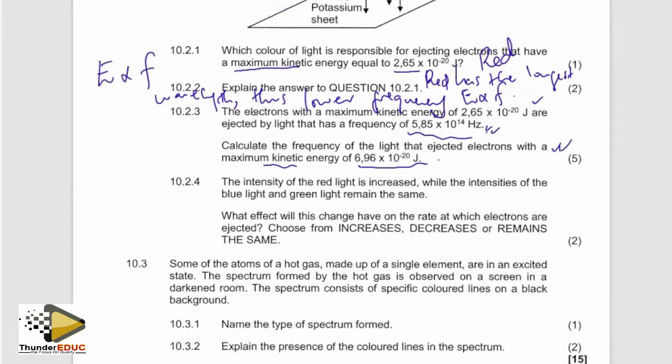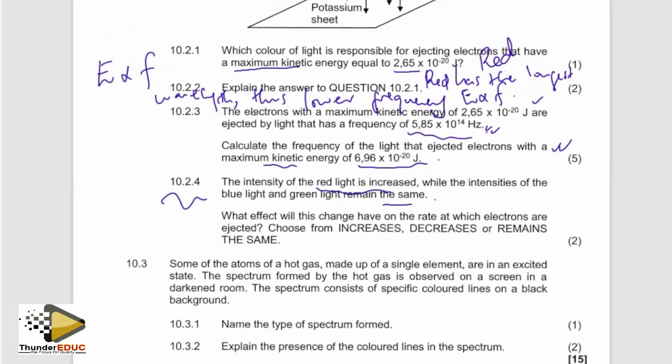All right. So guys, that is 10.2.3 done. Then 10.2.4, they're telling us that the intensity of red light is increased, while the intensities of blue light and green light remain the same.